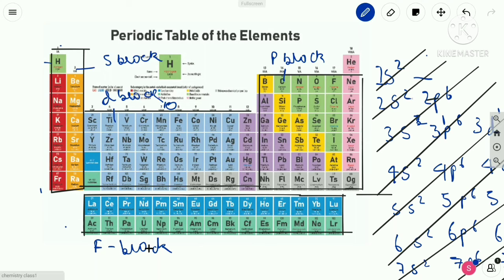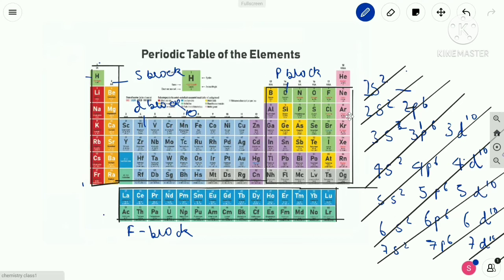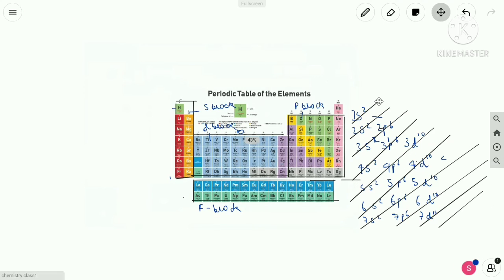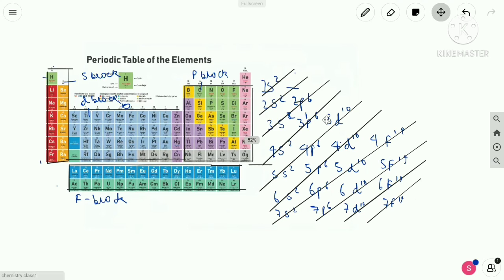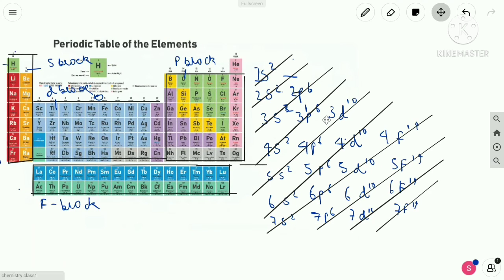Okay, so here's something I want to discuss with you. You would have heard people calling these the transition elements. Why is that so? That's because in the first 20 elements, let's just do the calculation here quickly. 1s2 is 2 electrons, and then 2s2 plus 2, and then 2p6 plus 6.